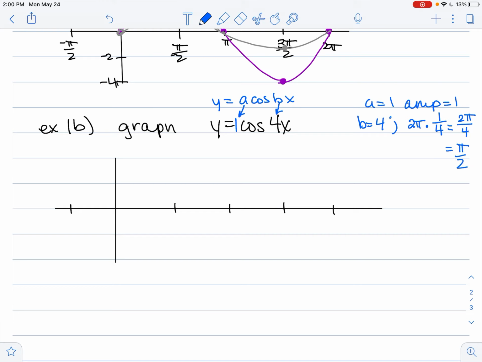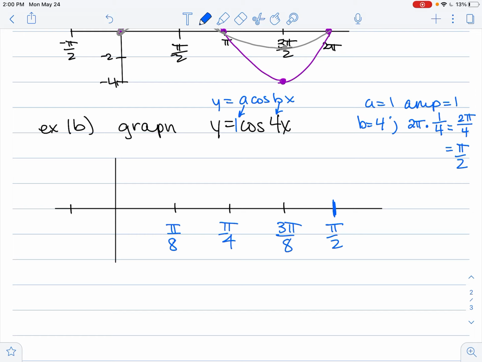So instead of ending at 2 pi, where we normally would, we're going to end at pi over 2. So we're going to be squeezing this in a little bit more. Half of pi over 2 is pi over 4. Half of pi over 4 is pi over 8. And then 3/4 of the way, pi over 4 is 2 pi over 8, so that's going to be 3 pi over 8.